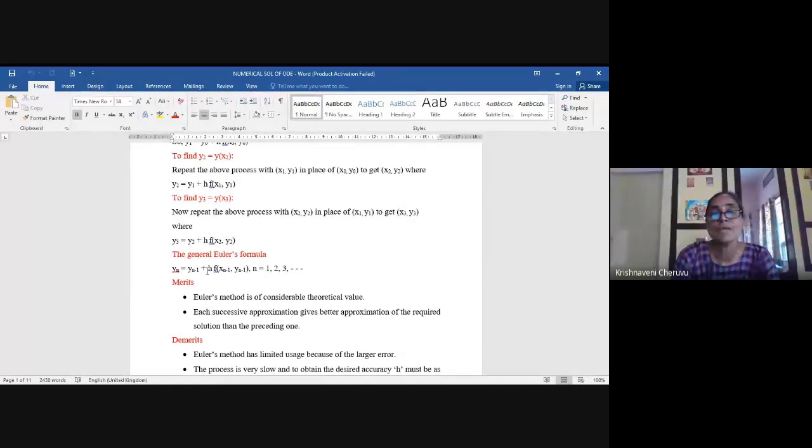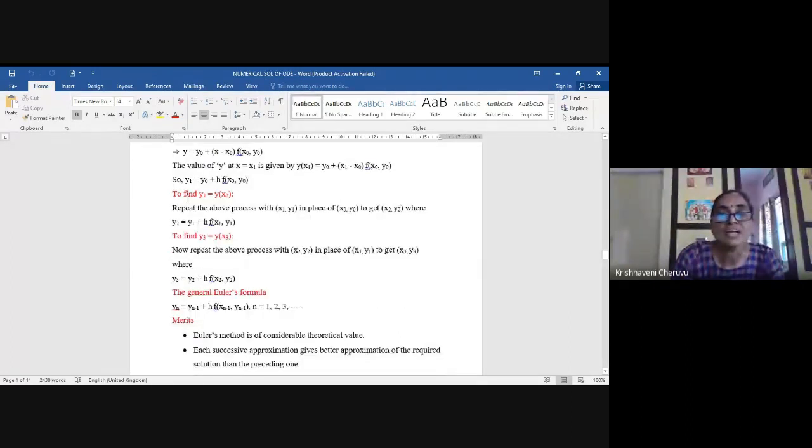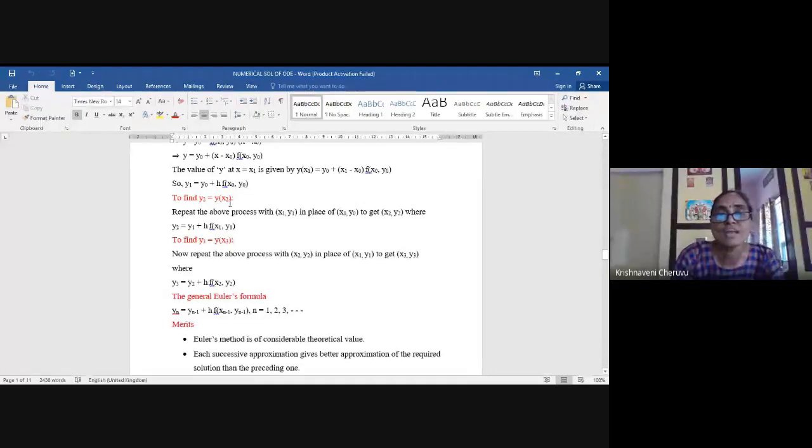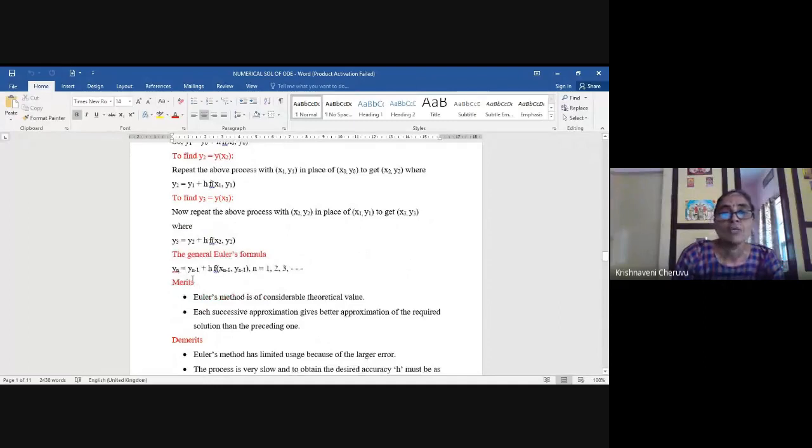Every time you'll get a better approximation only. So you must remember this formula. When there is y3, you have 2, 2, 2. When there is y2, you have 1, 1, 1. When there is y1, you have 0, 0, 0. So when there is n here, it is 1 less: yn minus 1 plus h f of xn minus 1, yn minus 1. This is the general Euler's formula, girls.